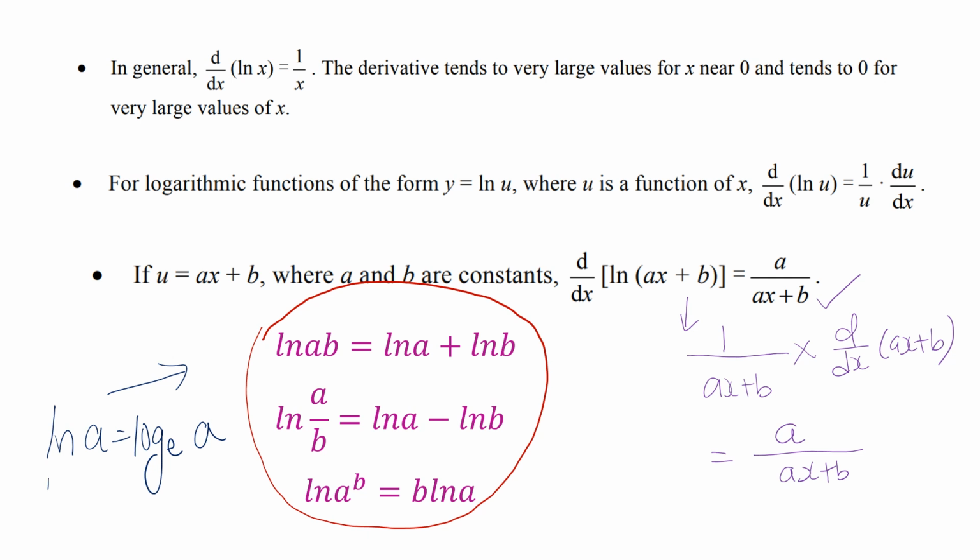And if you have ln e, that's basically just log base e of e, that gives you 1. So these are the concepts that are necessary before we solve problem sums involving differentiations of logarithmic functions.